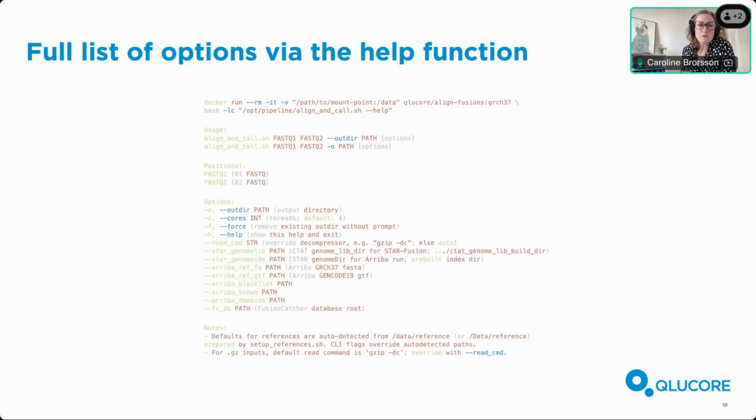It shows you the usage of the script, that you need the first FASTQ file and the second FASTQ file and the output directory. But it also shows you that you have further options. For example, if you need to change the number of available cores on your computer, you can do this by the C flag or the cores flag. If you don't set it, it's defaulting to 4 cores.